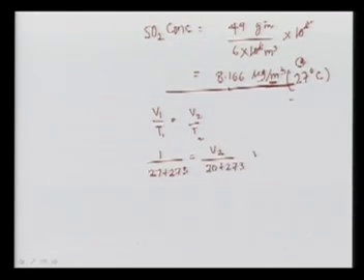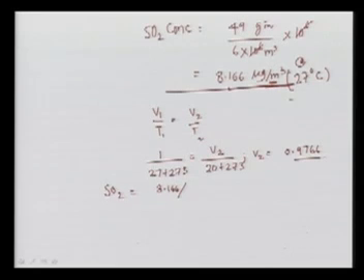So my V2 equals 293 divided by 300, which came out to be 0.9766.